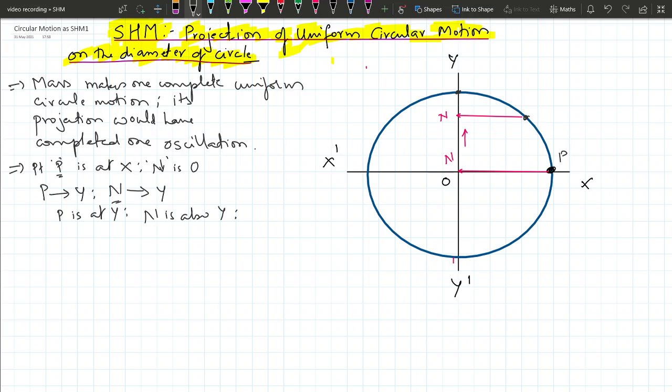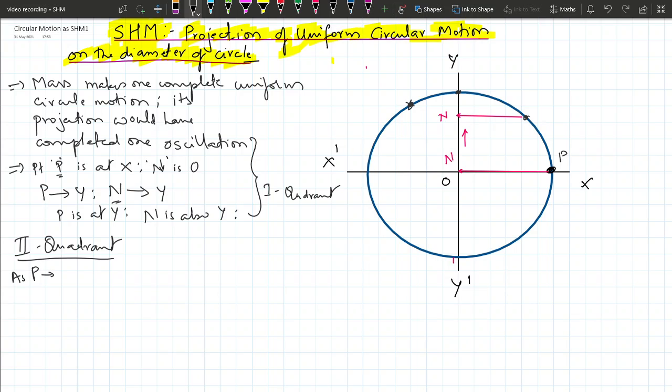Now what happens once the point P enters the second quadrant?